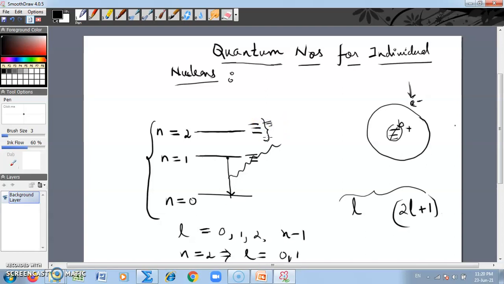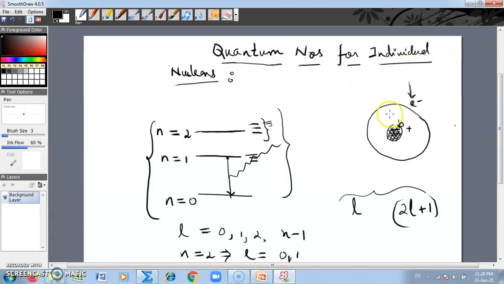And similar is the case in the nucleus. Although there we don't have a Coulomb potential acting on it, and the field and the force are much more complicated than our well-known Coulomb interaction, here too we have this concept of quantum numbers, and here we talk of quantum numbers of individual nucleons.